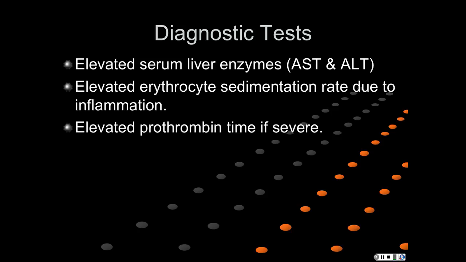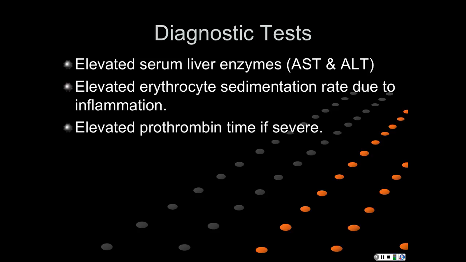They are not going to say AST or ALT. And then the other thing, elevated erythrocyte sedimentation rate, it's non-specific. Elevated ESR occurs in any infectious process or in any inflammatory process.